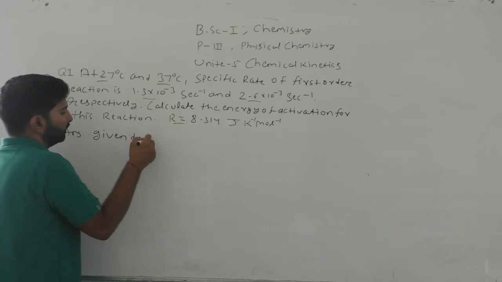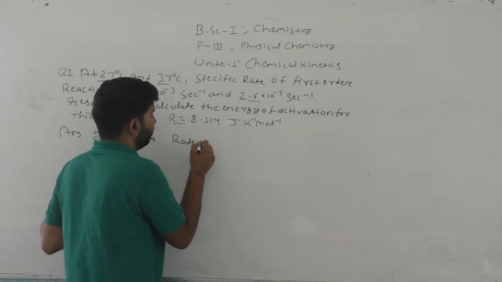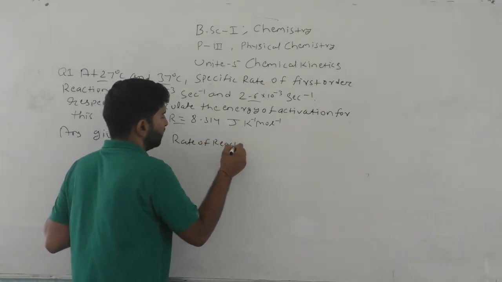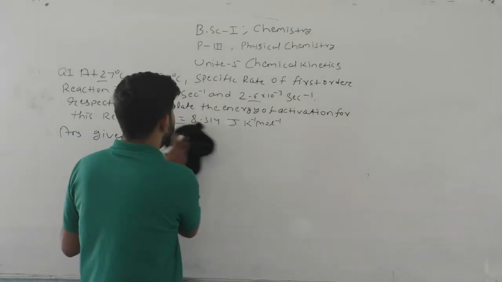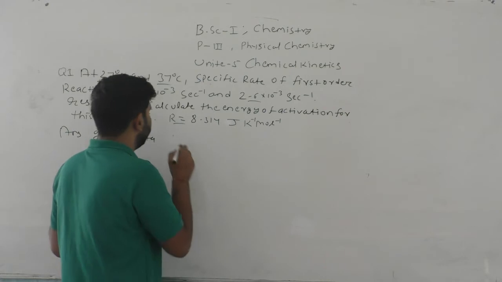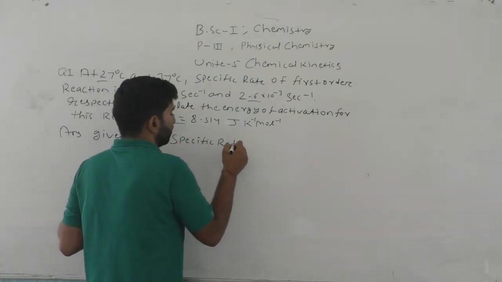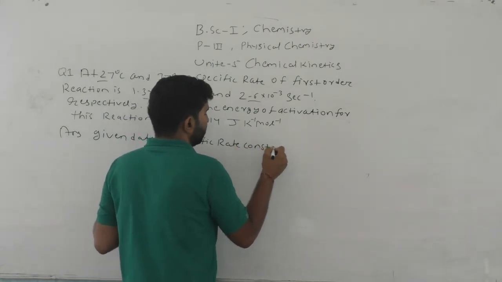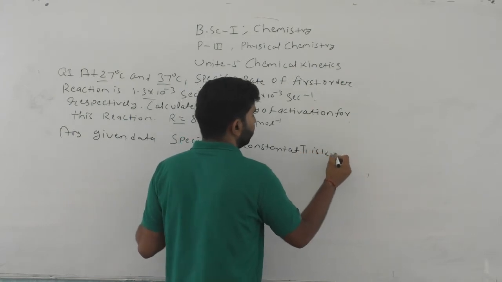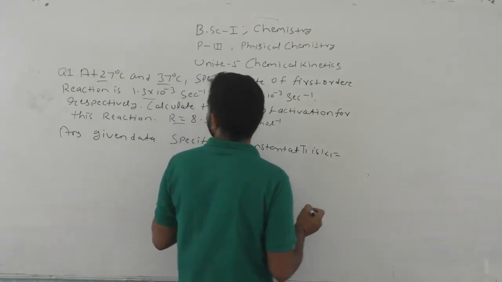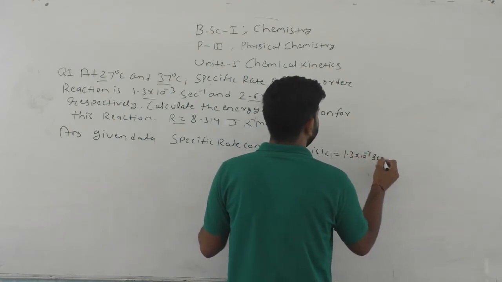Given data: specific rate constant at T1 is K1, which equals 1.3 × 10^-3 second inverse.